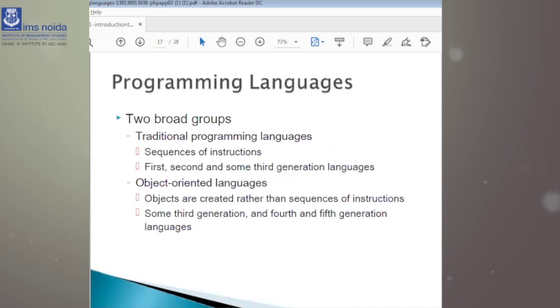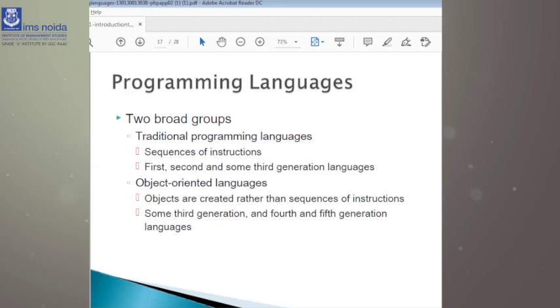Traditional programming language is where every step is performed step by step, a sequence of instructions, like we already talked about in first, second, and some third generation languages.